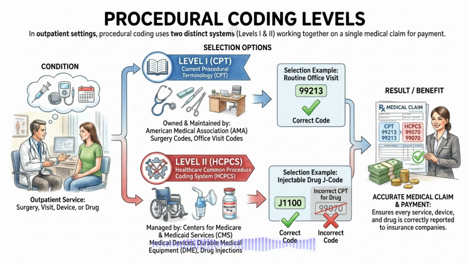Level 2 is the Healthcare Common Procedure Coding System, known as HCPCS, which is managed by the Centers for Medicare and Medicaid Services. Together, these two systems ensure that every single surgery, office visit, medical device, and drug injection can be accurately reported to insurance companies for payment.